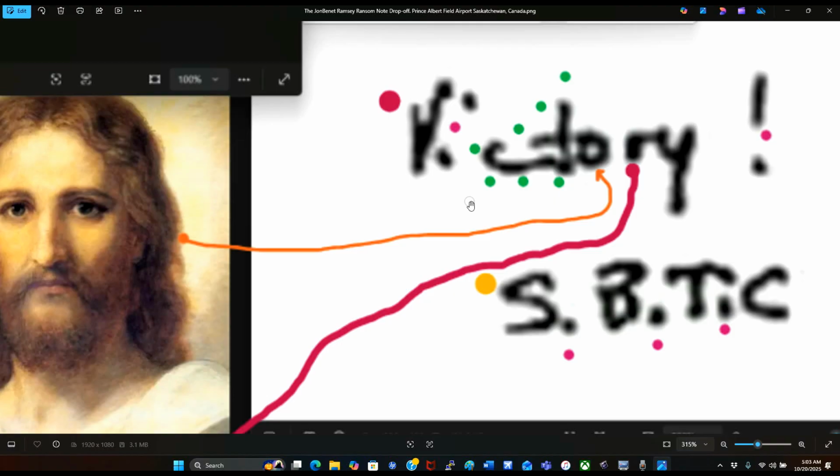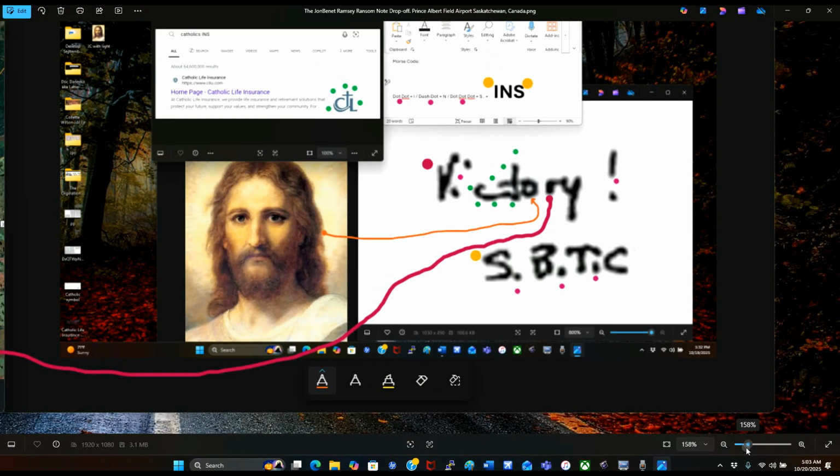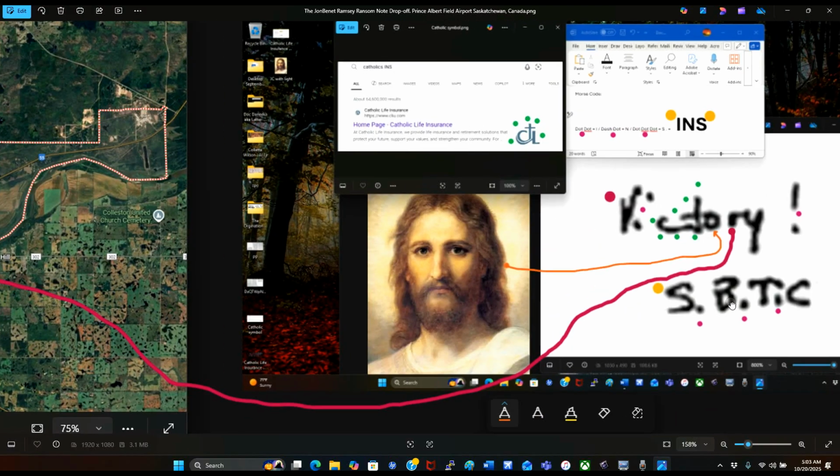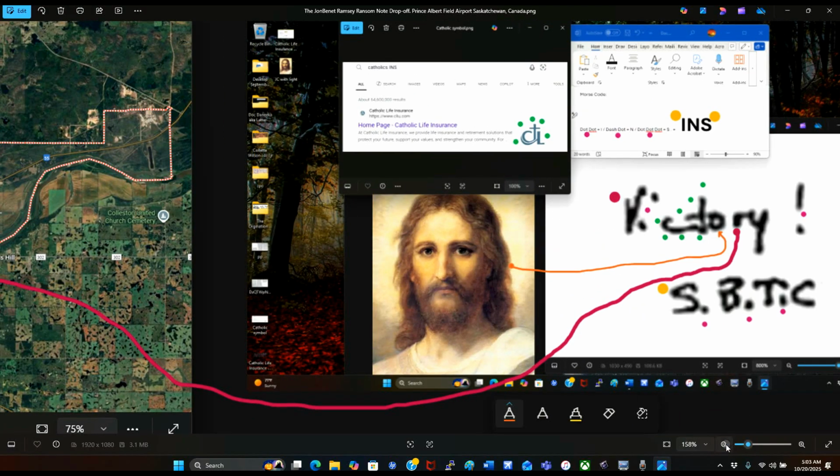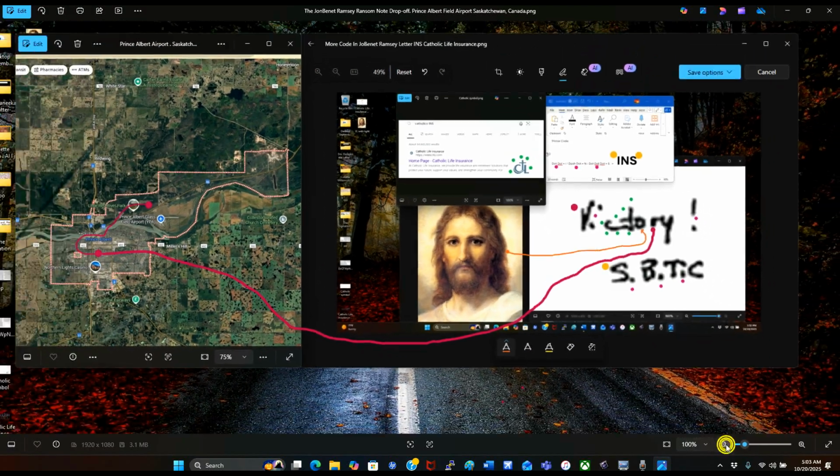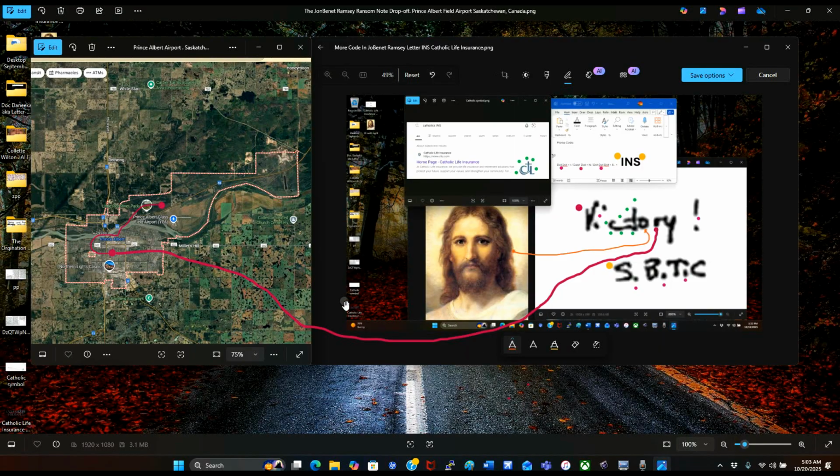So he wants him to come to Prince Albert Airport, and it has something to do with Jesus in Saskatchewan, and he wants him to bring the money to Canada because it's going to be a trip. Remember, he told us it's going to be a trip.